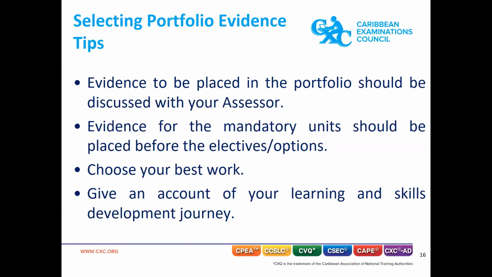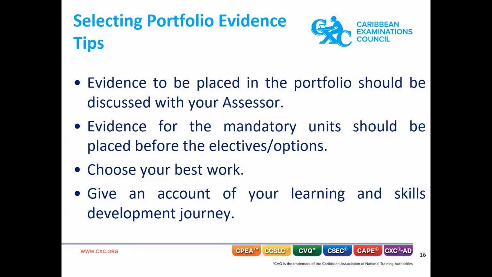Choose your best work. With your assessor, you're going to choose your best work. So say, for example, you were assessed based on a particular practical on the flow of service or using a measuring device, or perform computation, use a leveling device, and you may have more than one piece of work. Guess what you're going to choose? The assessor will help you to choose the one.